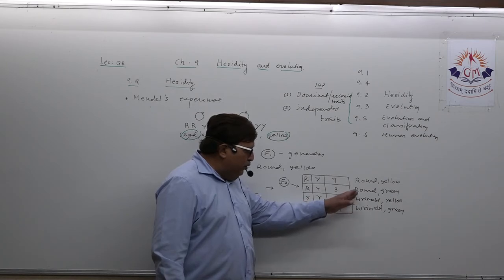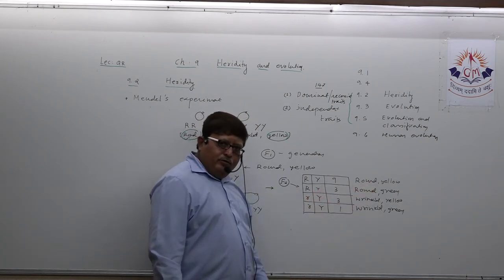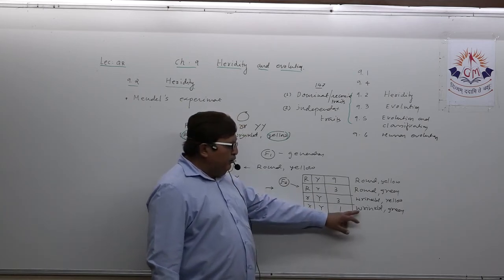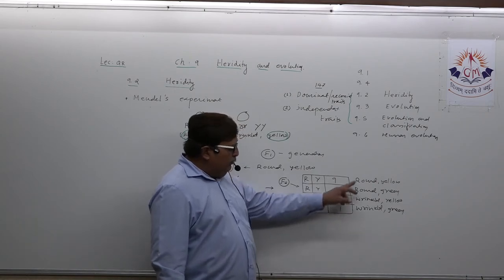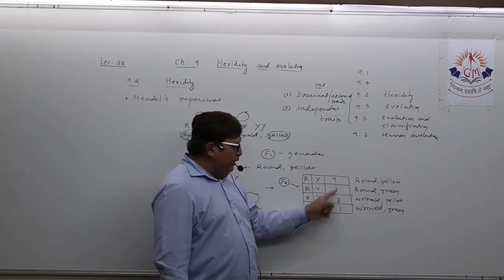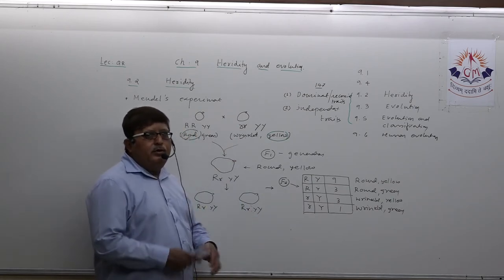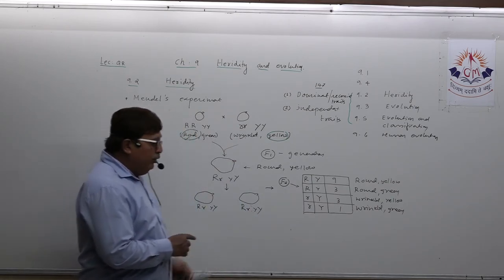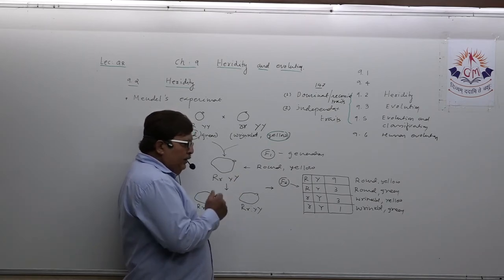What is the ratio of round green and wrinkled yellow? 3 is to 3, so 1 is to 1. What is the ratio of wrinkled green to round green? 1 is to 3. What is the ratio of round yellow to wrinkled green? 9 upon 1. So this will help you a lot when you want to remember such combinations and answer them.